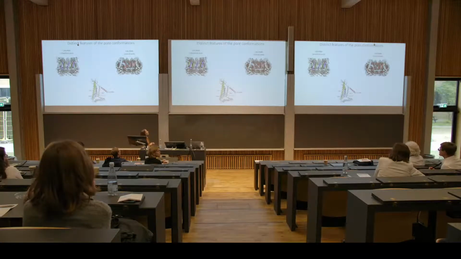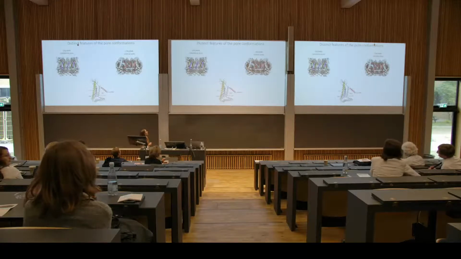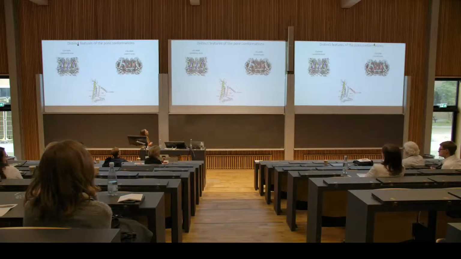And here you can see the comparison of how the pore is formed in CAM4 channels and in CAM6 channels. In purple or green, you can see those transmembrane helices 1 that line the pore. In CAM4 they are placed vertically, so that they form the huge so-called cylindrical pore.